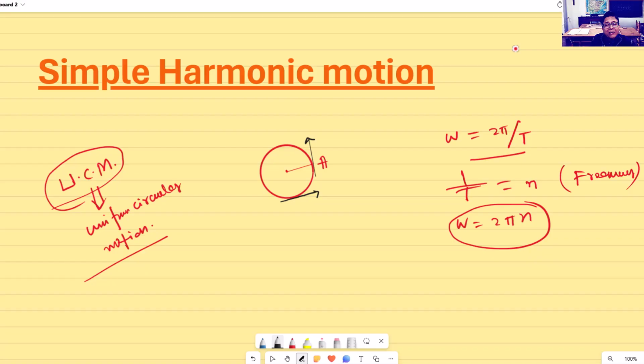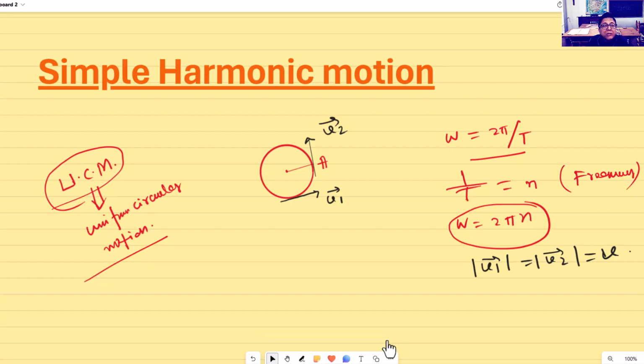If you say velocity v1 here, v2 here, then mod v1 equals mod v2. You must remember it, that you consider v, and accordingly we go for the derivation of centripetal force. But here we are not going to discuss what is centripetal force.